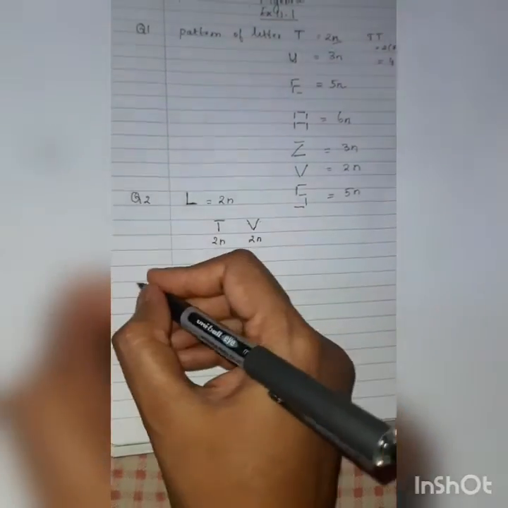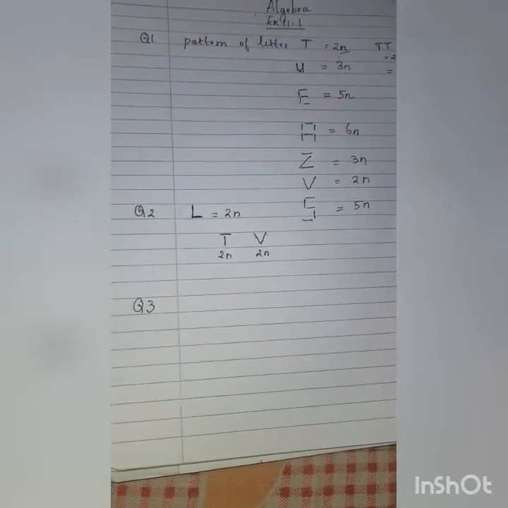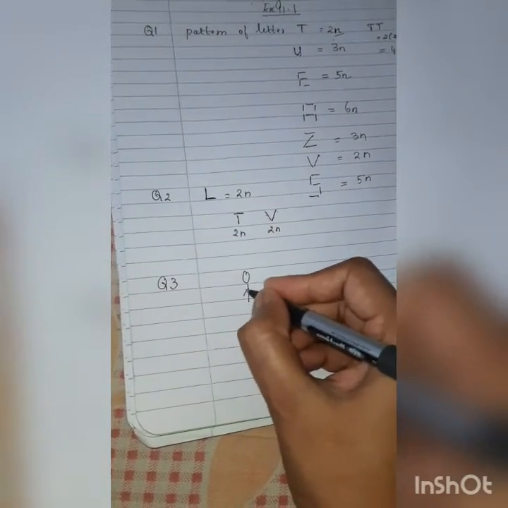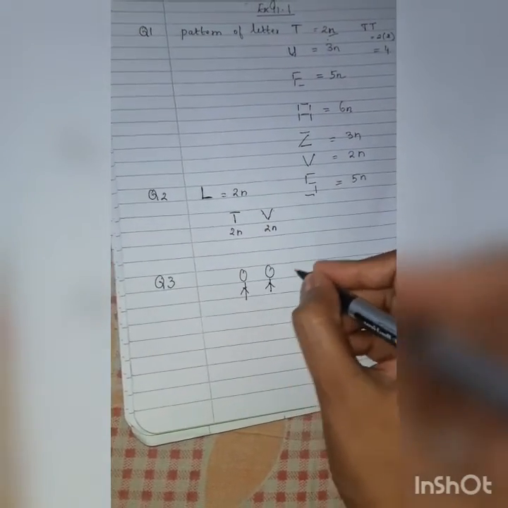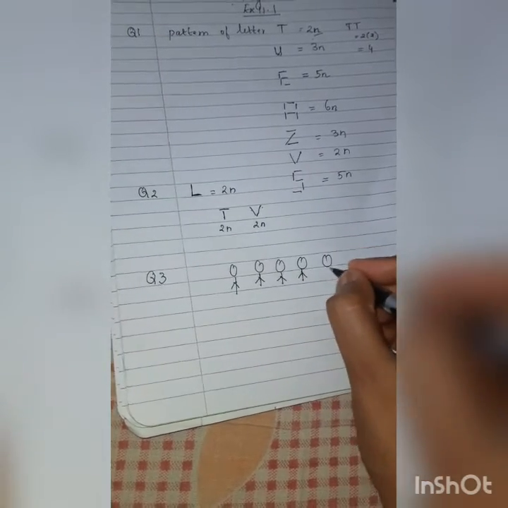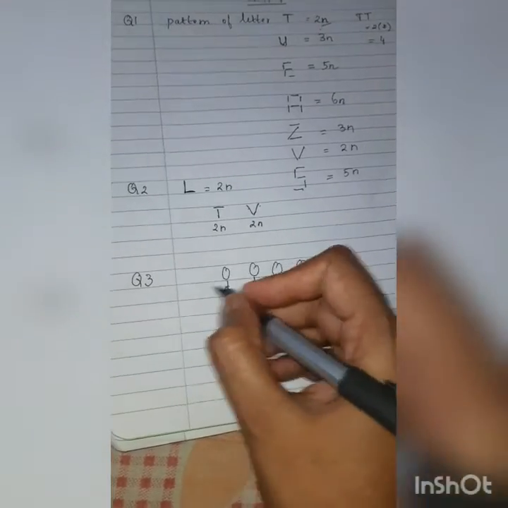Then question number 3. Cadets are marching in the parade. There are 5 cadets in a row. Let's assume there are 5 cadets in a row, and we don't know how many rows.